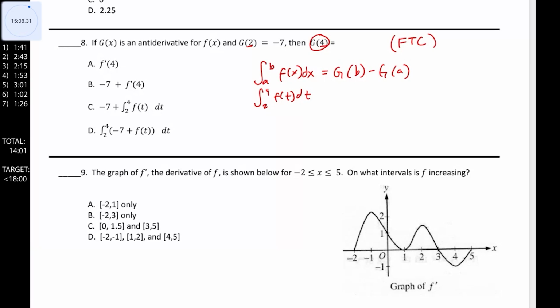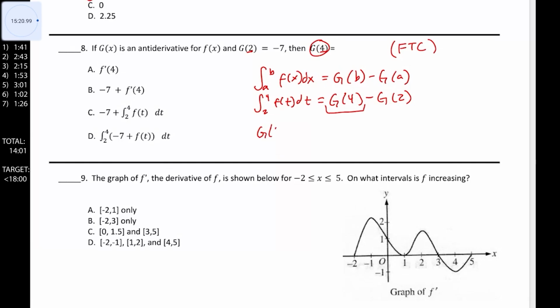So the integral of f of t dt equals G of 4 minus G of 2. Now we're trying to solve for G of 4, so we are going to add G of 2 to both sides. So we get G of 4 equals G of 2 plus the integral from 2 to 4 of f of t dt. That's as far as you really need to go here.